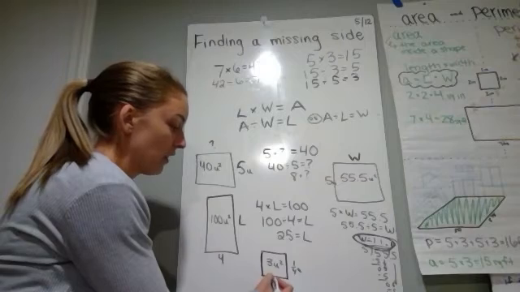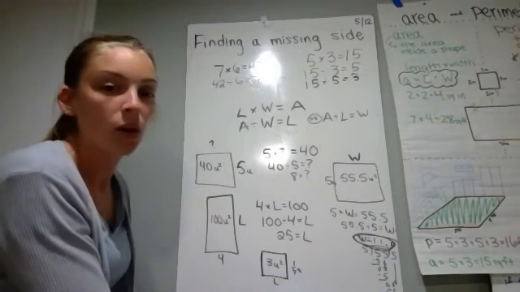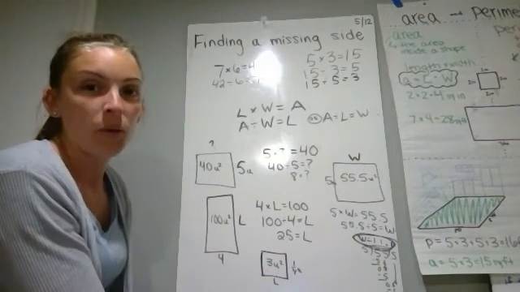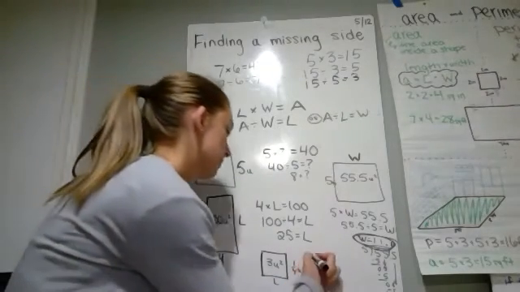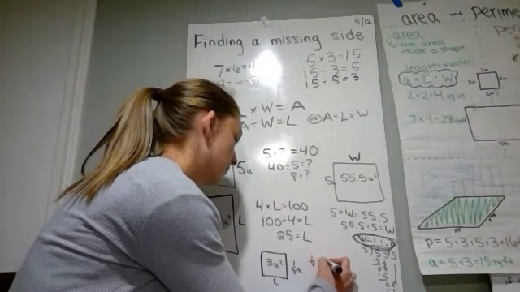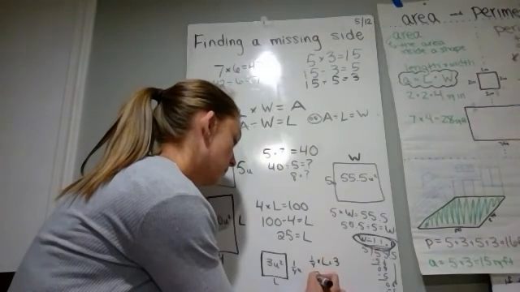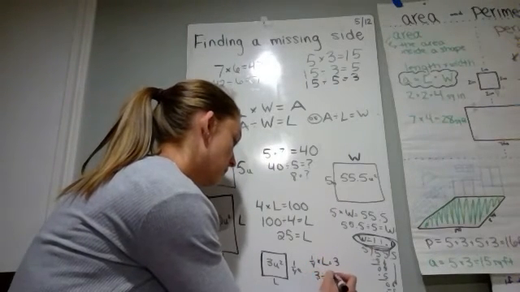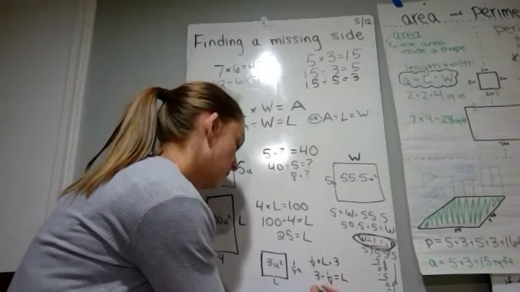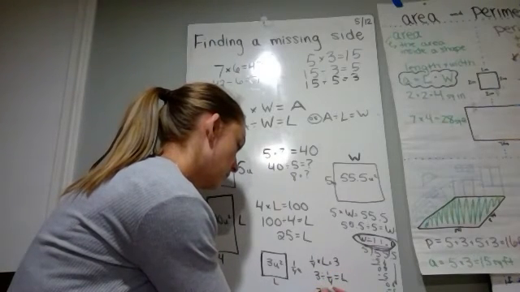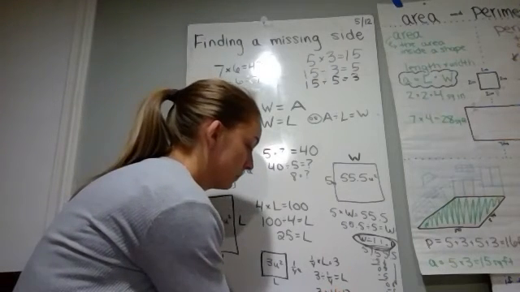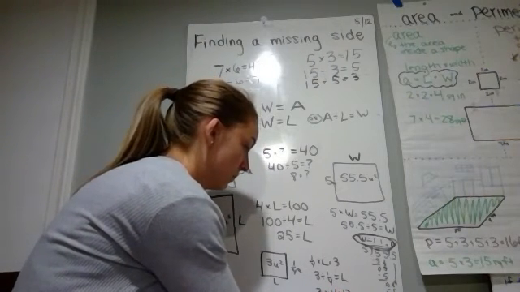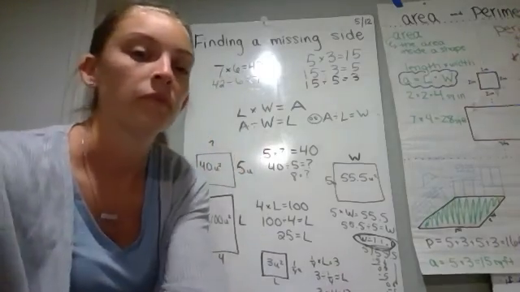And we are looking for this extra side that we don't know, which we're going to measure in L. I want you to go ahead and pause this video while you solve. Go ahead and check your work here.